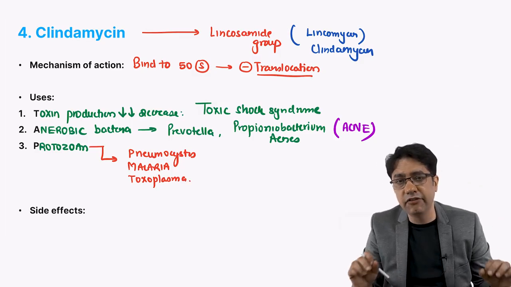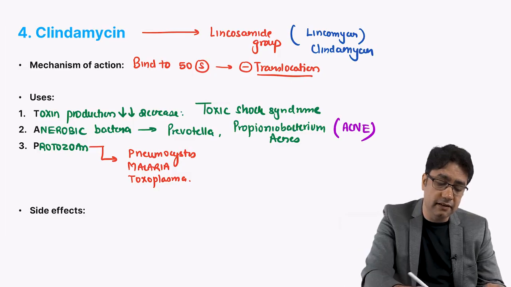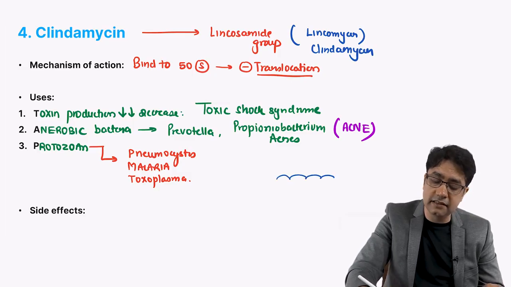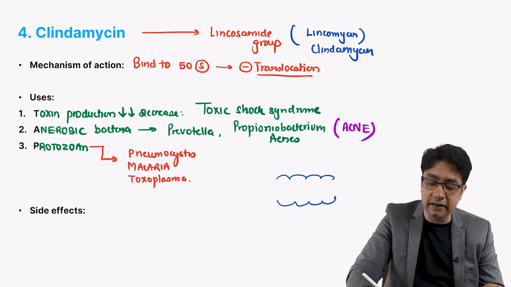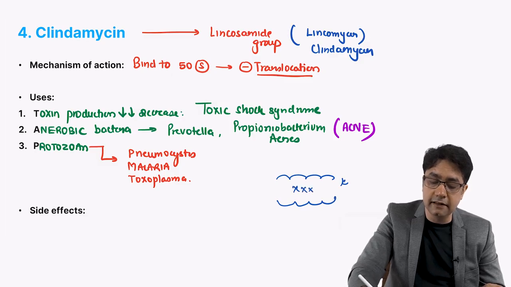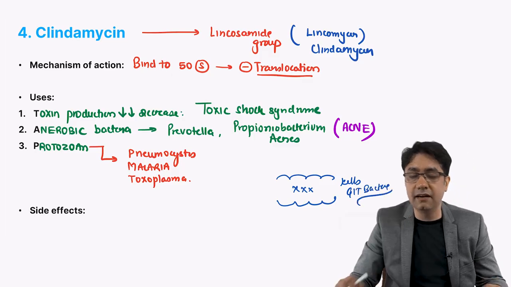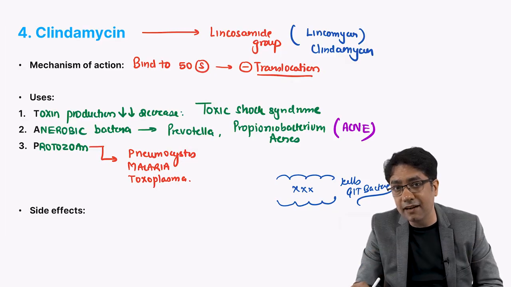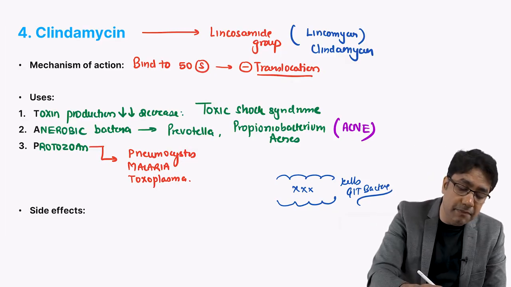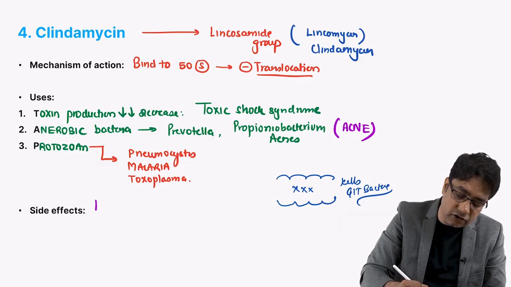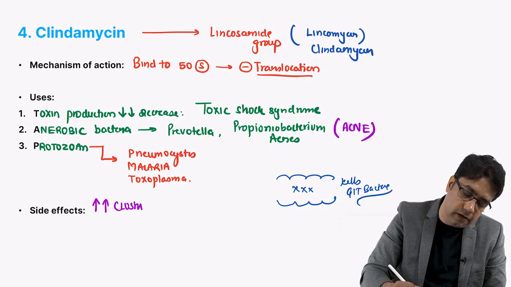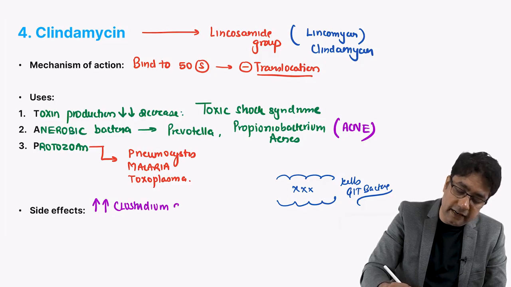Now, what is the main side effect? We discussed when we give clindamycin, clindamycin kills GIT bacteria. And when GIT bacteria is killed, one harmful bacteria can grow. Clindamycin carries the highest risk of causing Clostridium difficile bacteria infection in GIT.